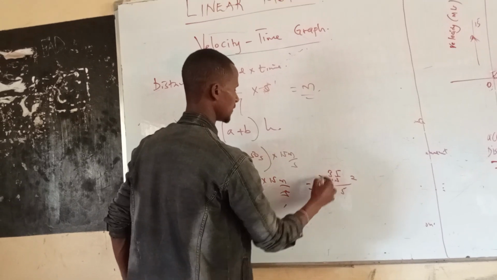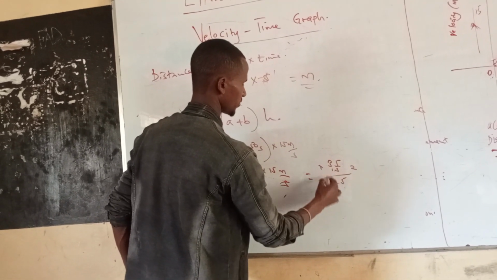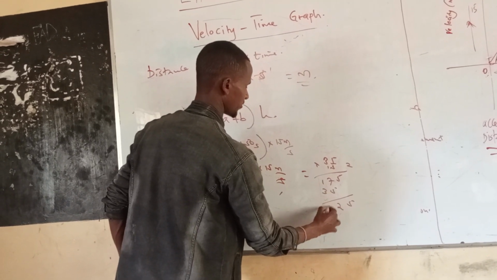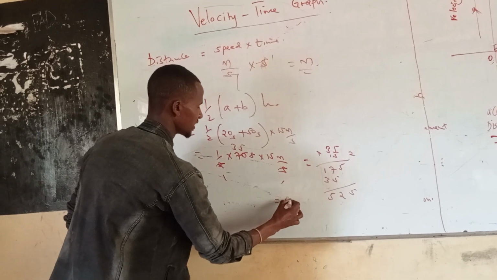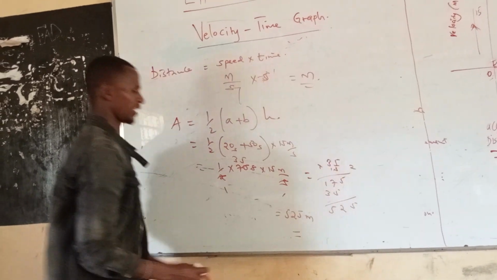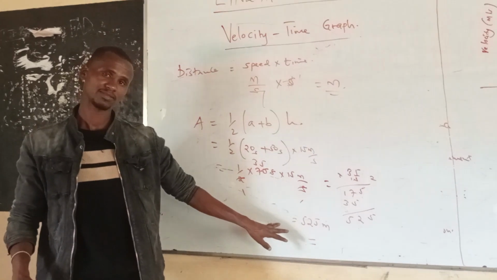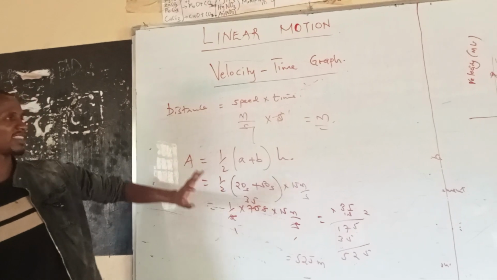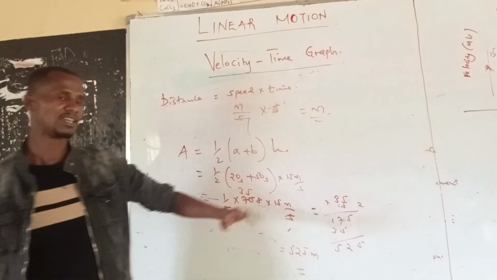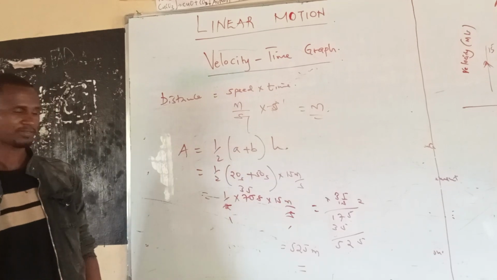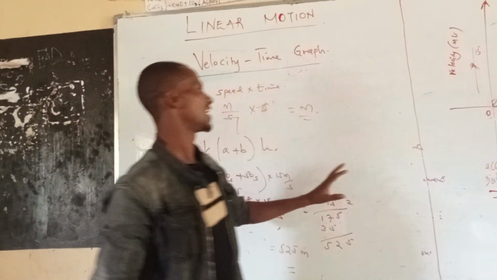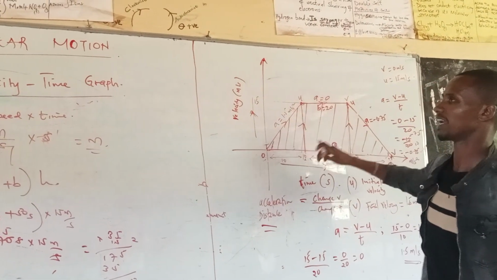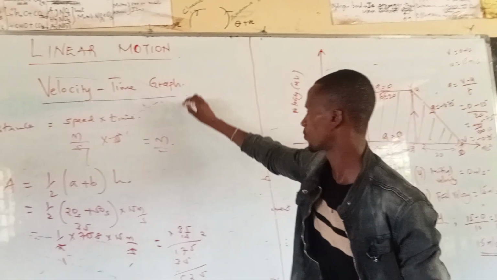So we will get 525 meters, and what is given in meters? It is distance. That makes us believe that to get the distance covered by that body, you just calculate the area under the graph. So the distance in a velocity time graph is obtained by getting the area under the graph. That is the conclusion we can make.